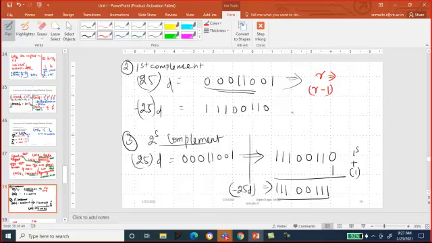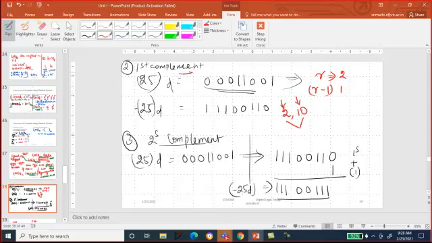Mostly we will be using radix 2 or radix 10, which is your binary and decimal number. Decimal is the human way of representing a number, and binary is the machine language number. If r is 2, these will be 2's and 1's complement.